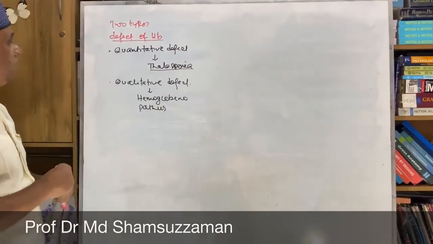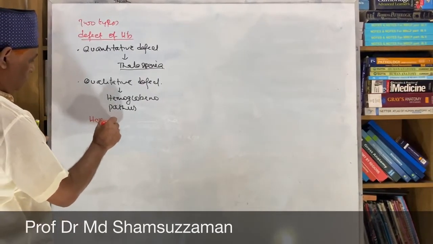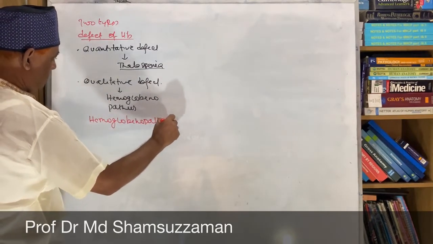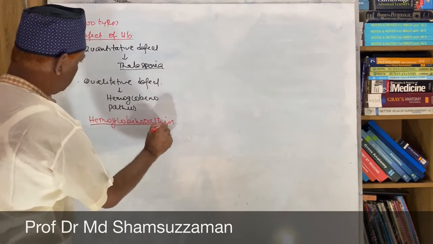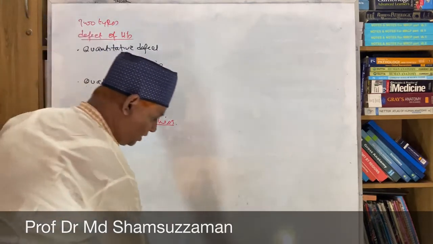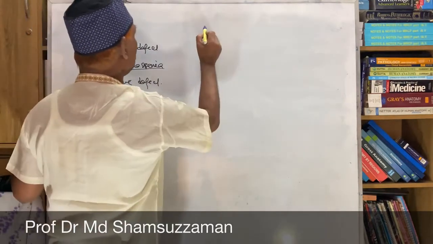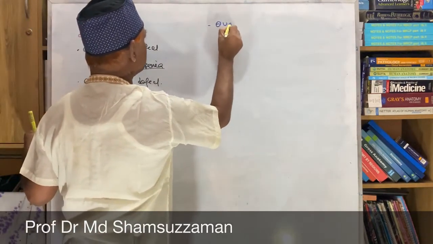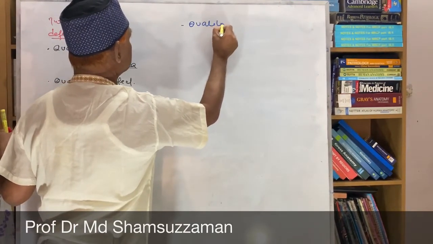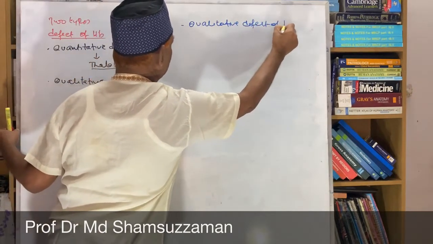Today we come to hemoglobinopathies. So what is hemoglobinopathies? Hemoglobinopathy is a qualitative defect of hemoglobin.